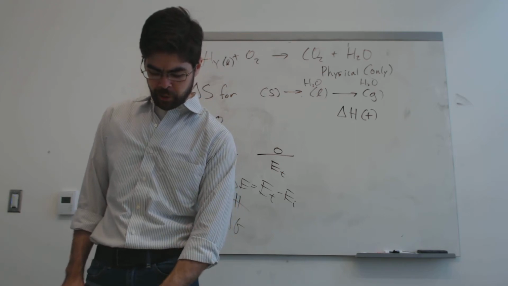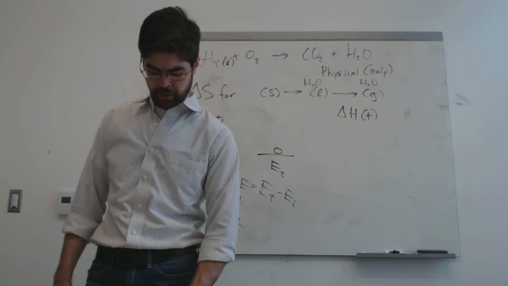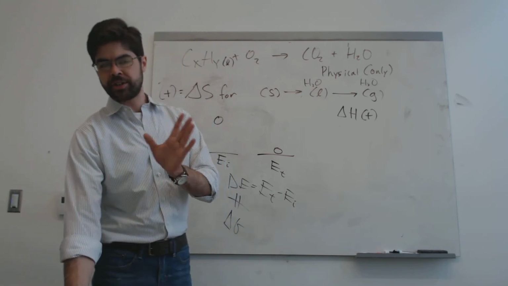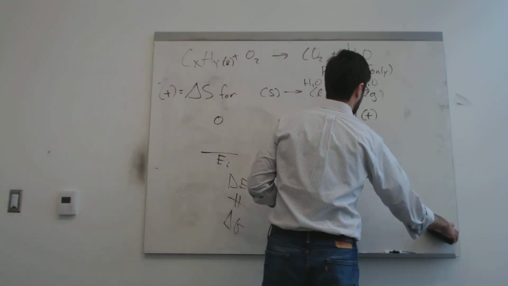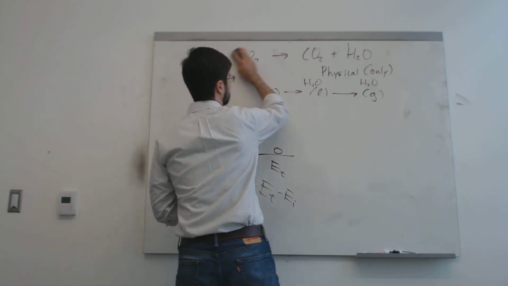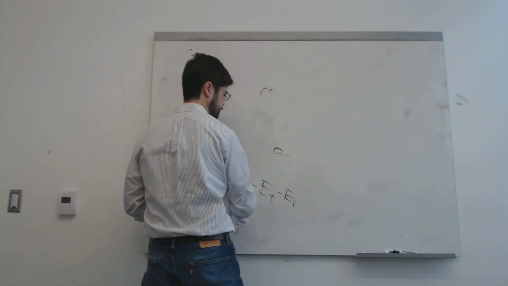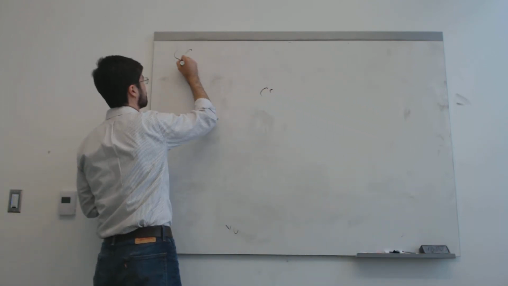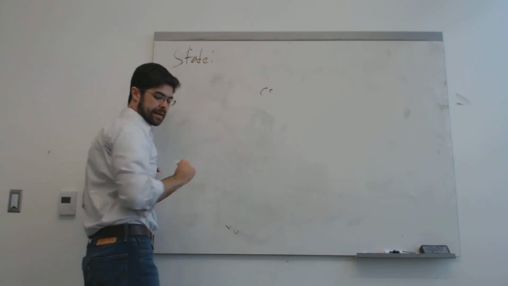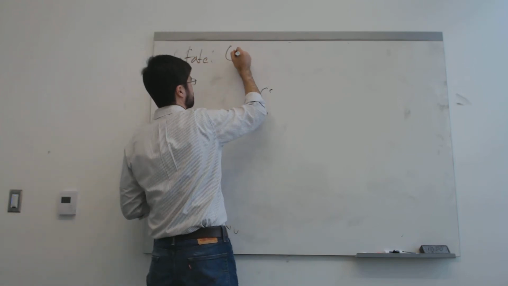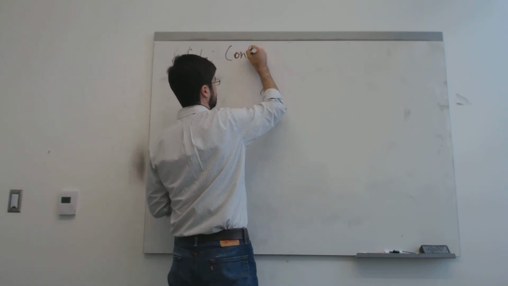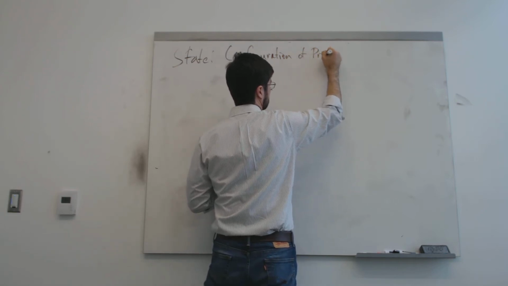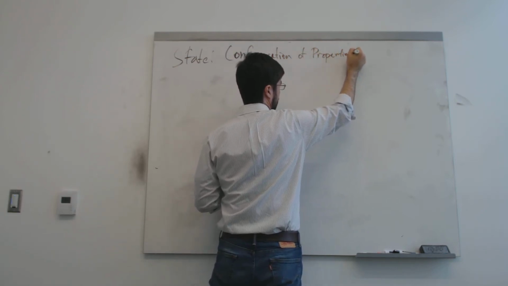What is the definition of a microstate versus a macrostate? Are macrostates how we assess which options make up the greatest possible number of outcomes? Okay, so generally, let me give you a general definition here for what I mean when I say a state. State, in its most basic conception, is just a particular configuration of properties.